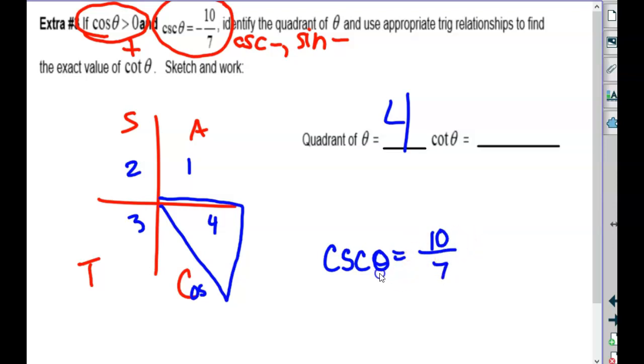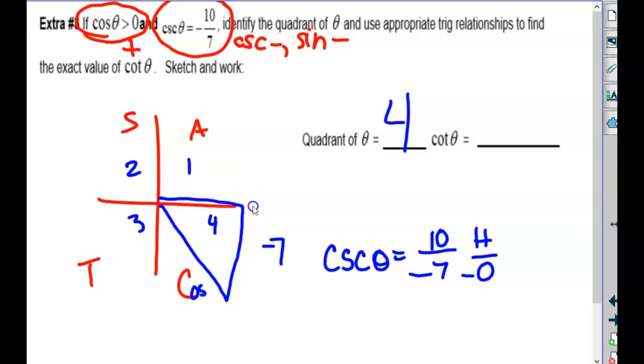Yes, because cosecant is the flip of sine, so it's hypotenuse over opposite. Everybody with me? And can the hypotenuse ever be negative? No. So in this quadrant, the opposite here would be a -7. Do I need a negative on this when I do Pythagorean theorem?